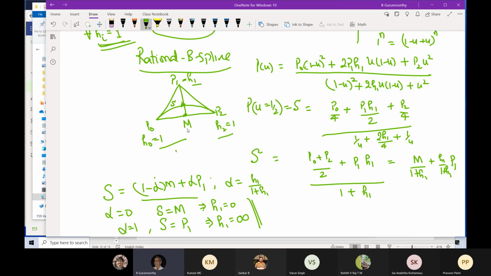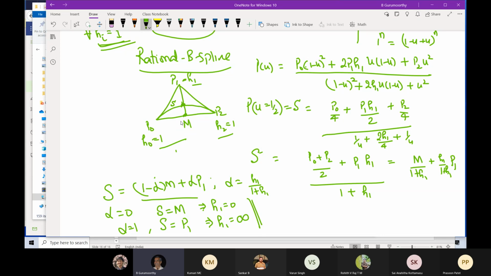Because it will violate what property of the spline curve? If my curve goes below this, what property will be violated? The convex hull property, right?